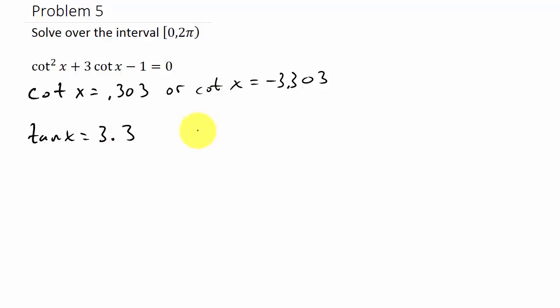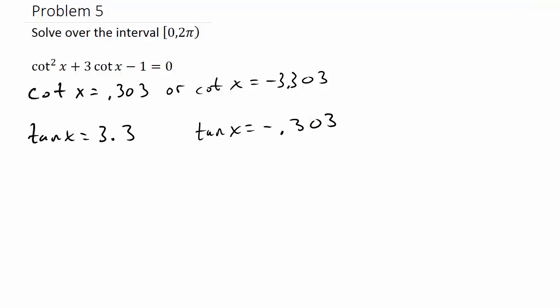And then here I know tangent x is 1 over negative 3.303. And when I punch that into my calculator, I get negative 0.303.